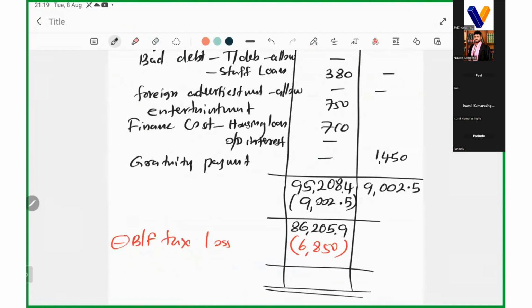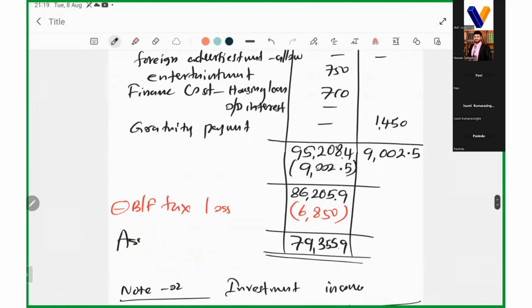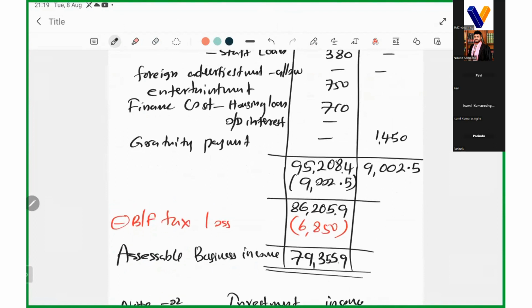So after deducting that brought forward tax loss, you can take the assessable income from the business, 79,355.9. So that is the assessable business income.